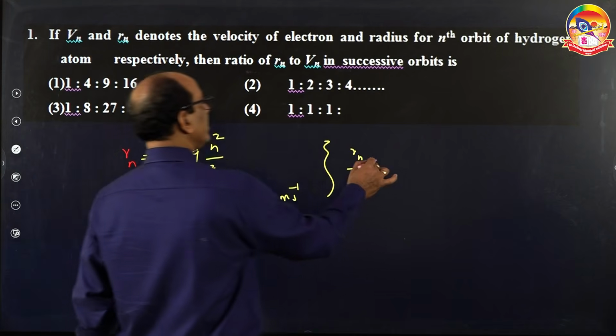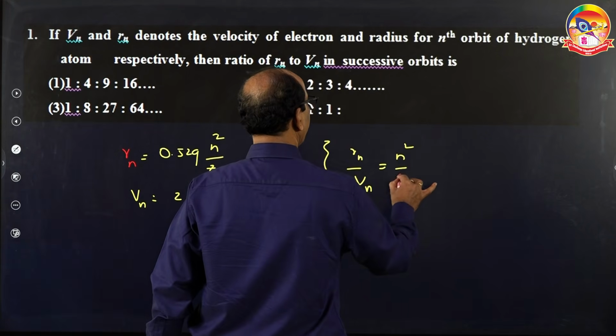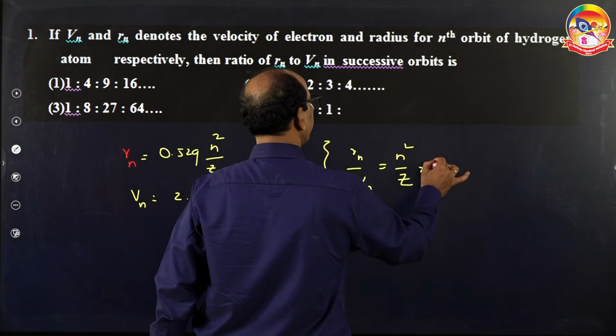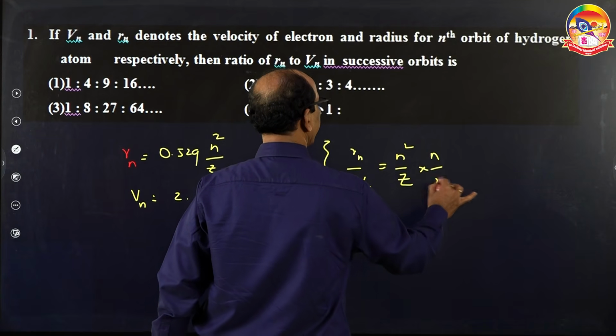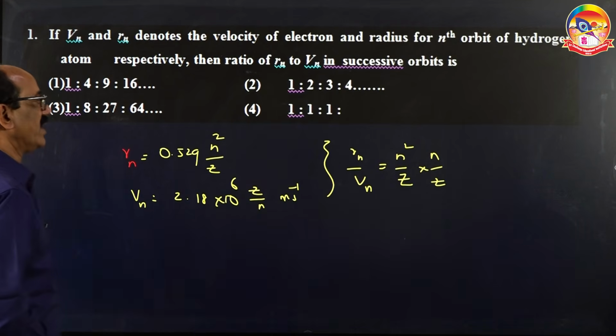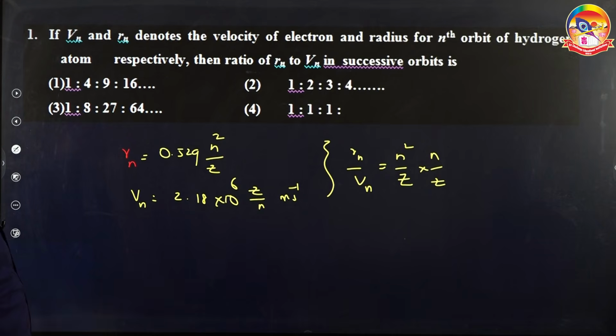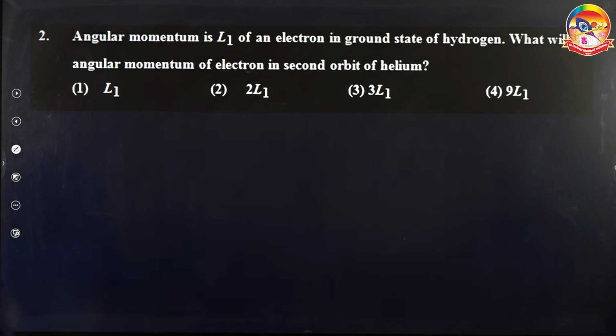It is n square by Z divided by n by Z, because we have to write Rn by Vn. So it is n cube, in the sense that in successive orbits it is 1:2, 2 cube is 8, 3 cube is 27, and so on. This is the answer.